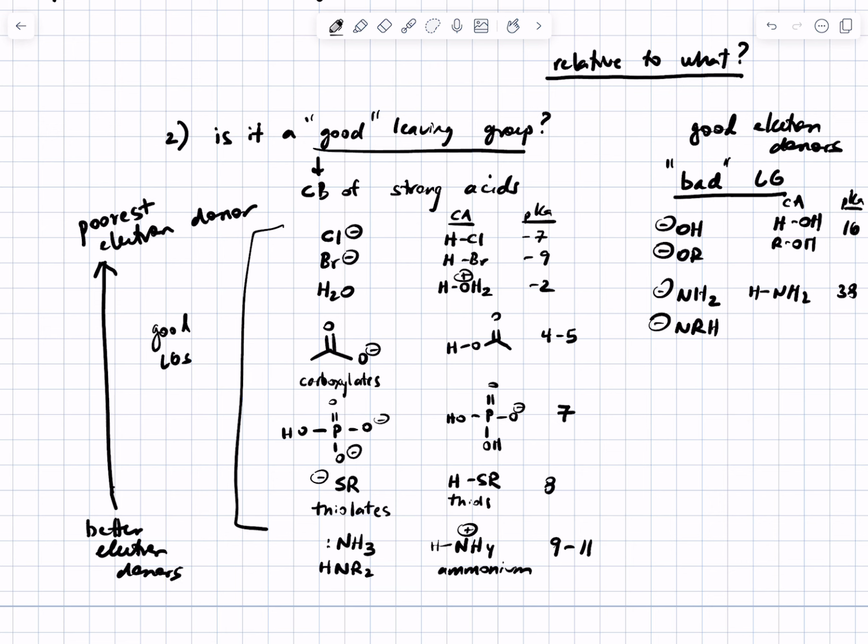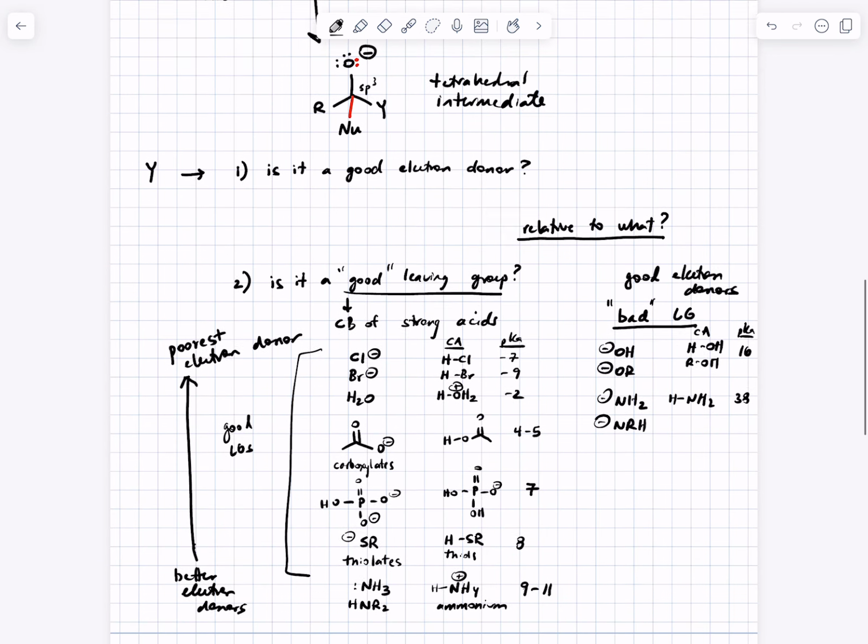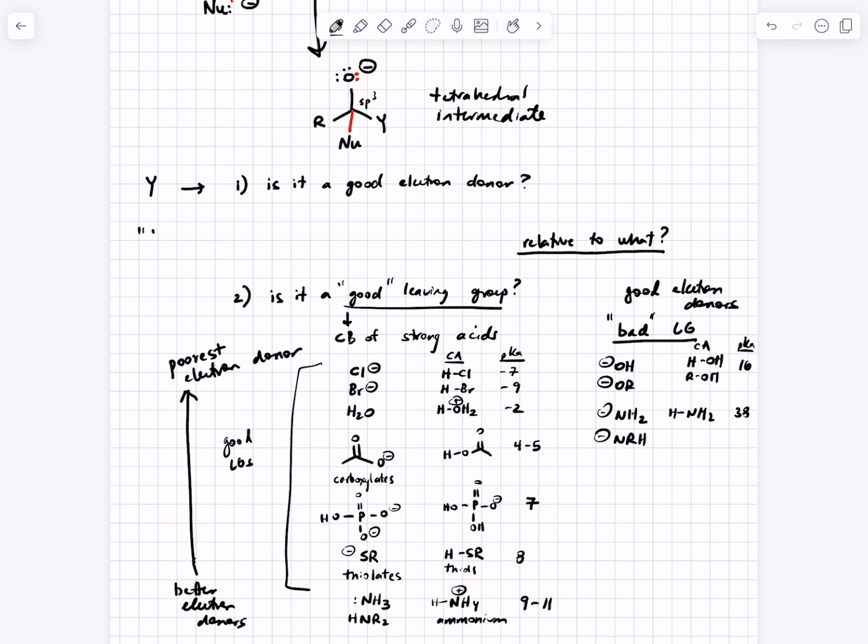So when we look at the Y group, you should be thinking about what if it left, what if it were Y minus, is that a good leaving group or not? And that'll help you know, in addition, is the thing that's the Y group a good electron donor or not?